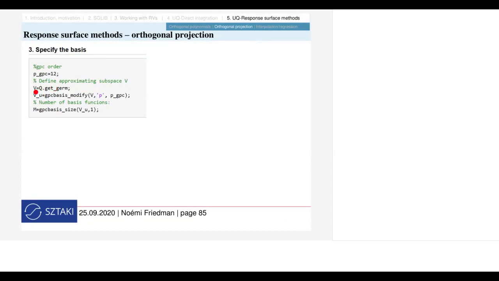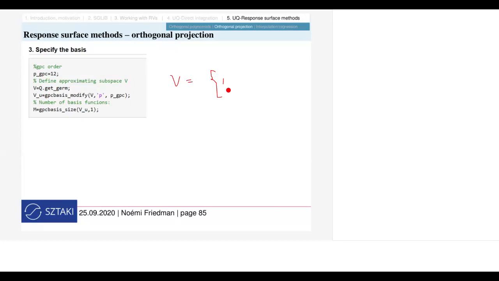I can simply do it with the sim-param set that I defined. I can directly write getGerm, which gives me a so-called GPC basis, and a GPC basis in SGLib is treated in the following way. It's actually a cell in MATLAB, so V equals a cell which has two elements.